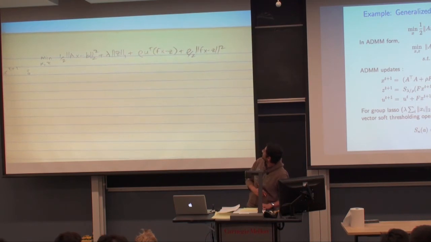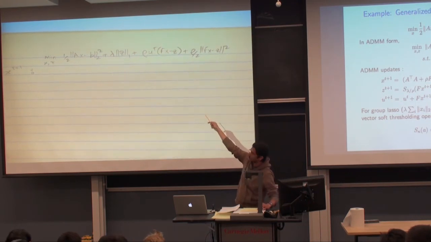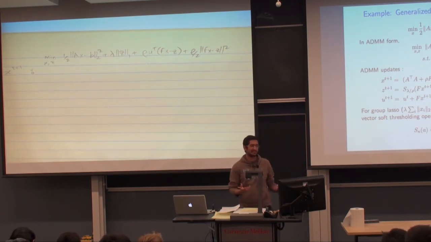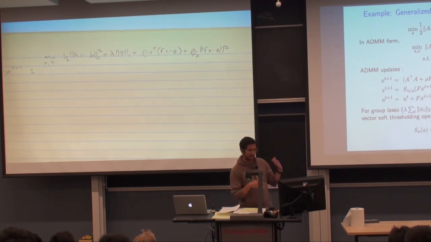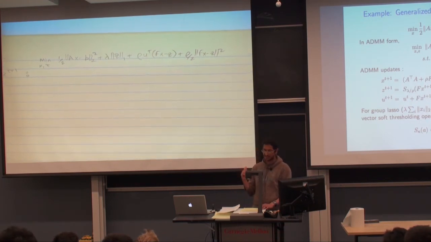So what I've done is I've added an extra rho there. That just means that instead of taking my dual variable to be u, I'm taking my dual variable to be rho times u, which is fine. There's no harm throwing in a constant. So if my optimal u was u star, now my optimal u will be u star by rho. I'm just throwing in a constant to make the updates look a little nicer. But that's my augmented Lagrangian.